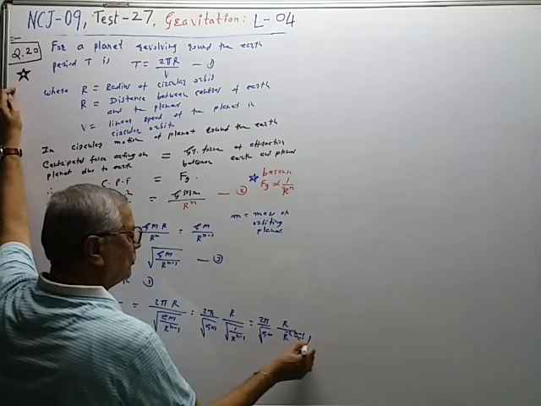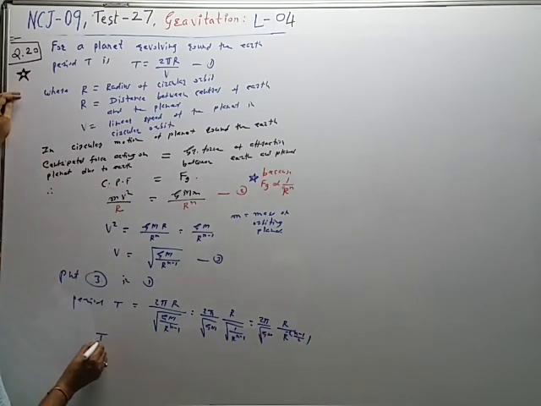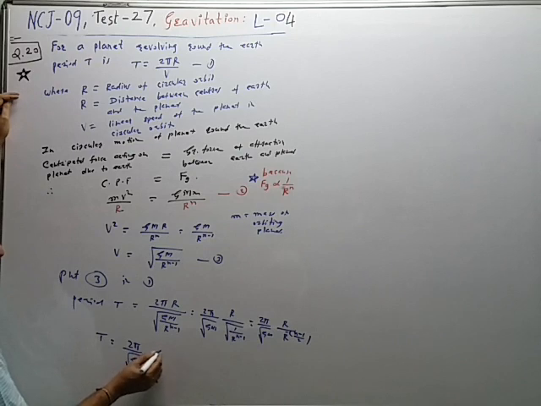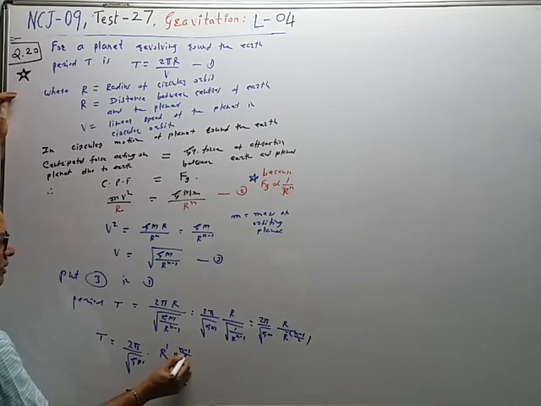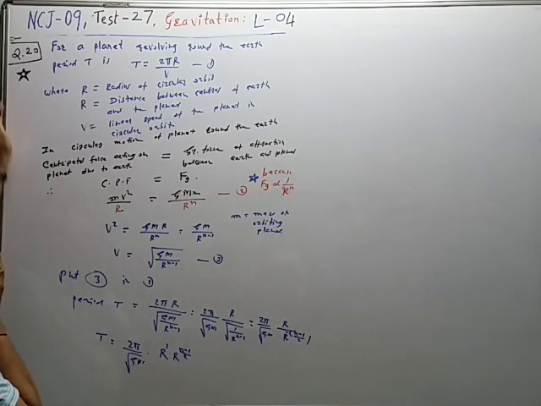Therefore period is equal to 2 pi multiplied by under root GM, G constant, M constant, r raised to 1 and r raised to, this minus will become plus n minus 1 by 2.